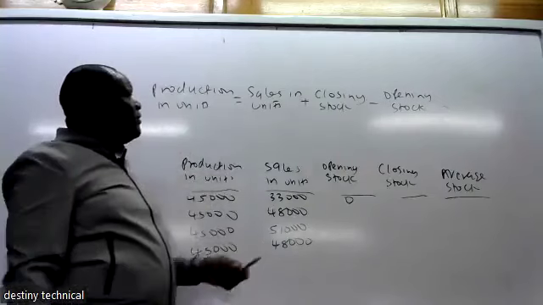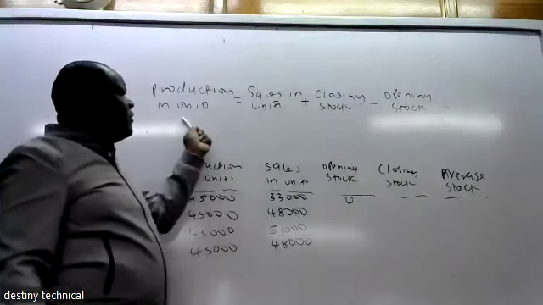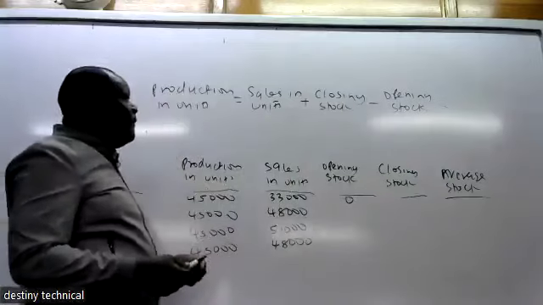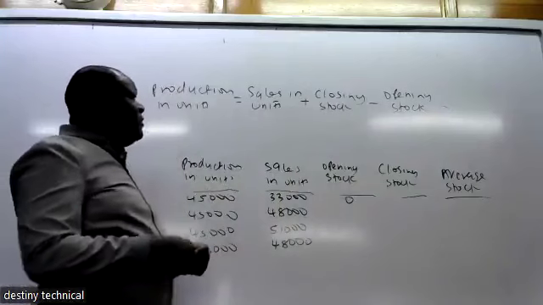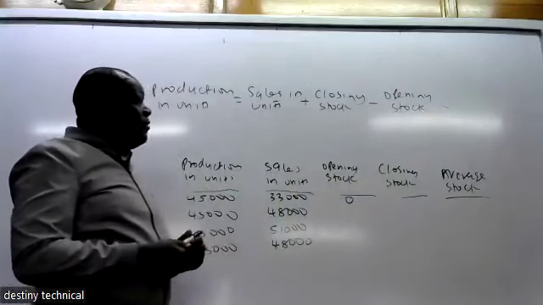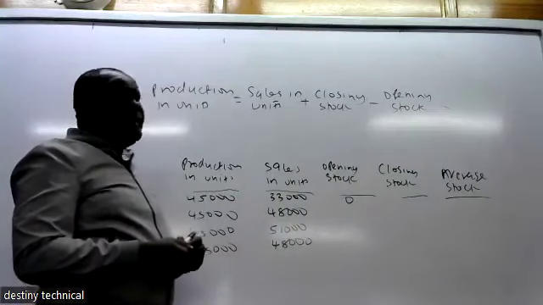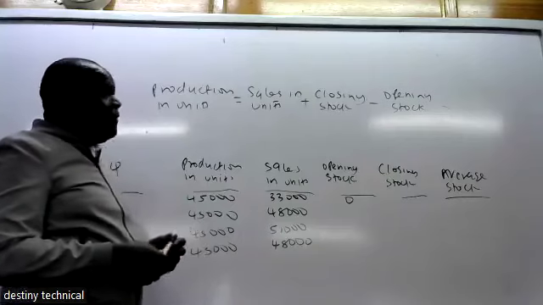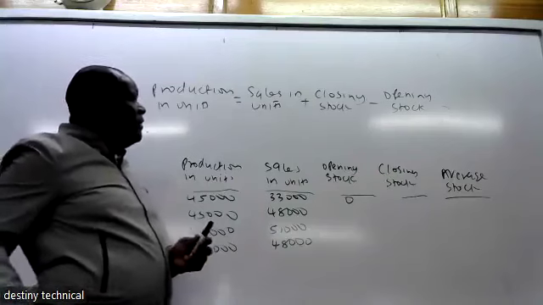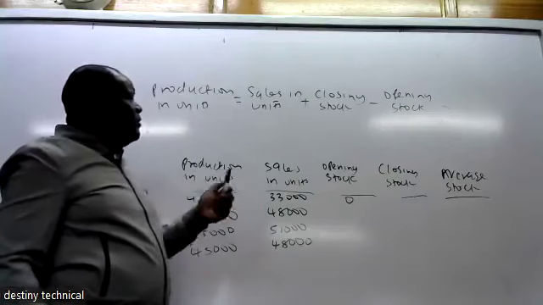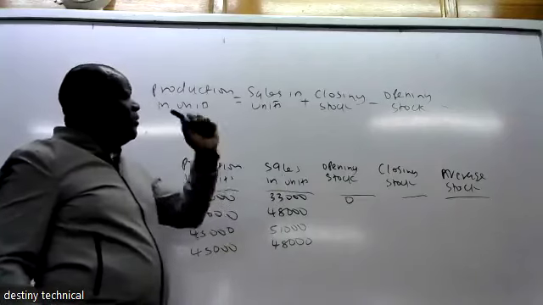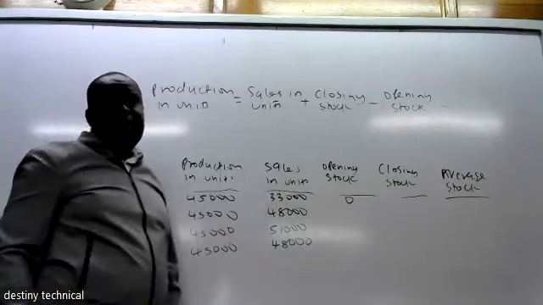To get the closing stock, you simply take production plus opening stock minus the sales.